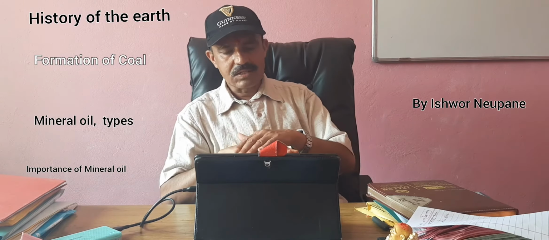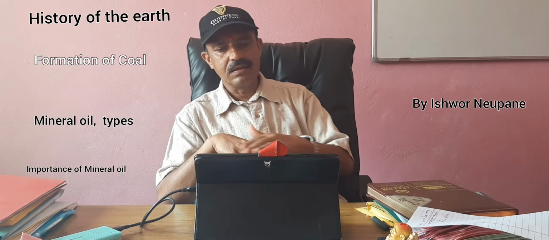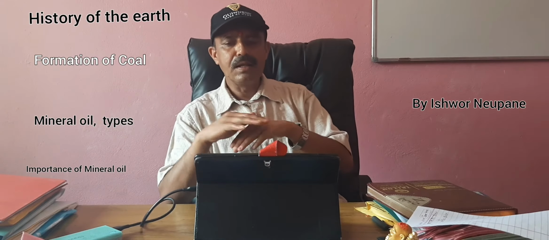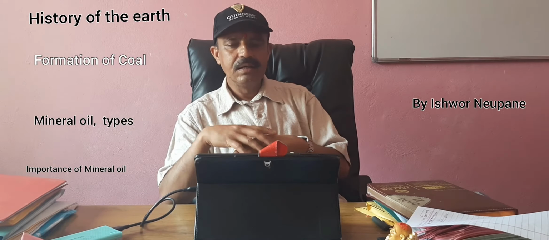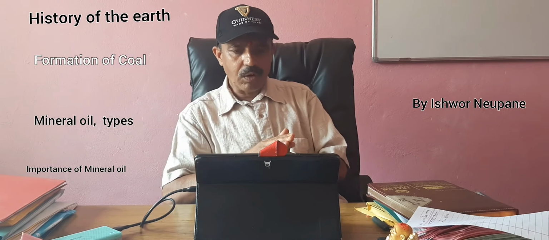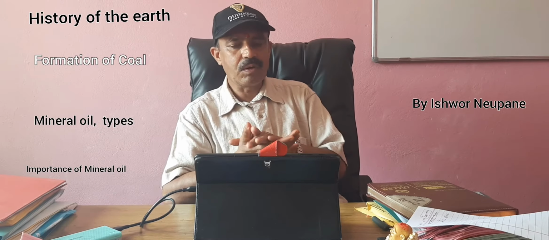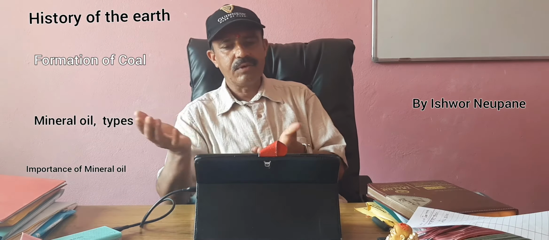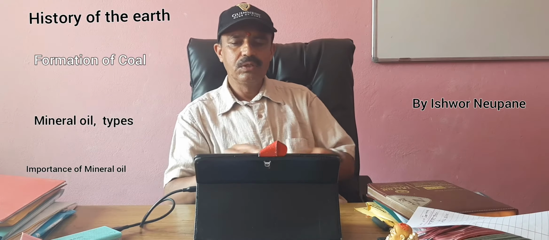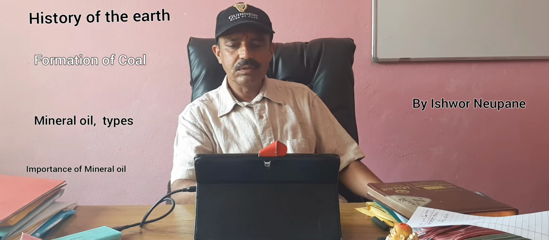So the plants used to grow and die and just make layer and layer and layer. And what happened? The lower part became harder by being pushed by the upper one, and finally it changed into coal.